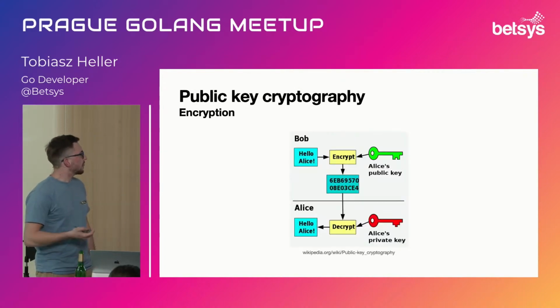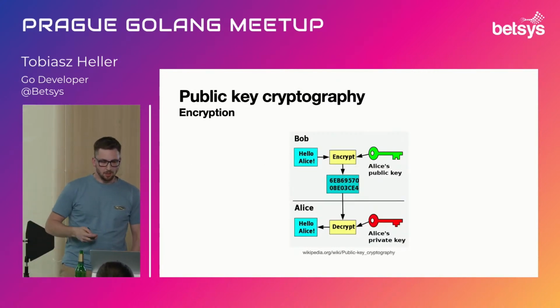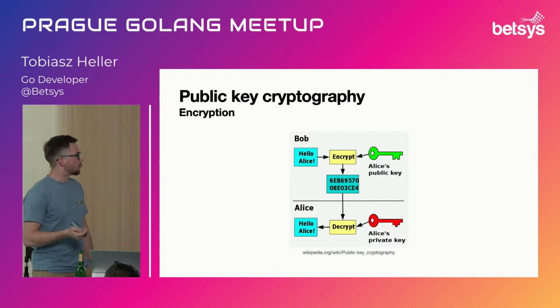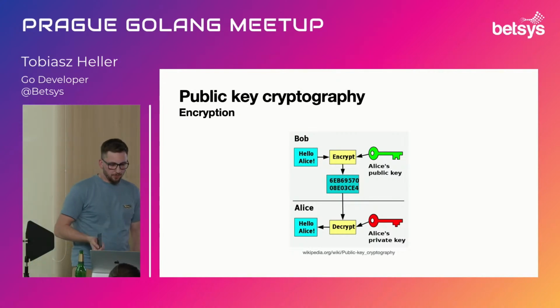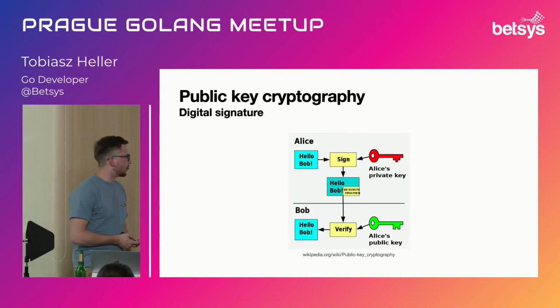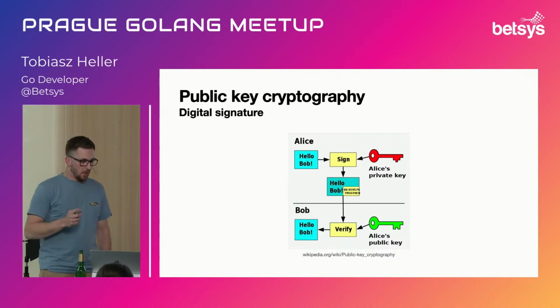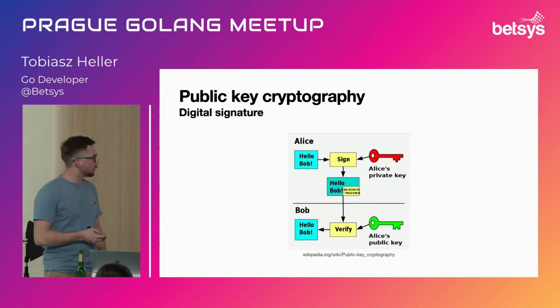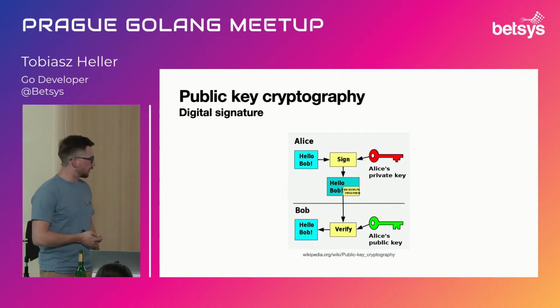You have two operations using public key cryptography. One is encryption: you use the public key to encrypt a message, and only the one with the private key can decrypt it. The second one is digital signature: you use the private key to sign the message. You pass the message and the signature, and then the one who has the public key can verify the message.